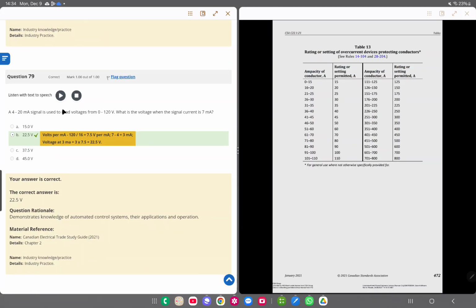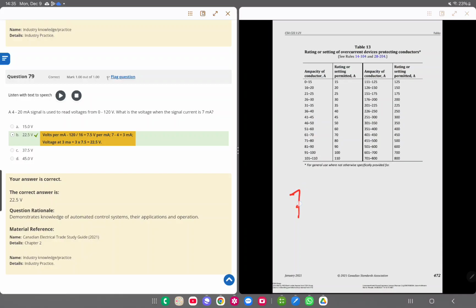A 20 milliamp signal is used to read voltages from 0 to 120. What is the voltage when the signal current is 7 milliamps? So here we have 4 to 20 milliamps, and we want to know what 7 milliamps will be.